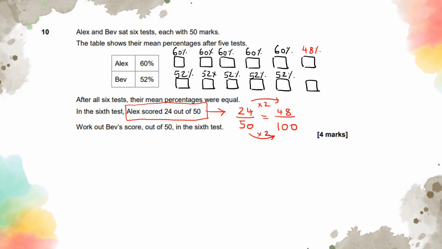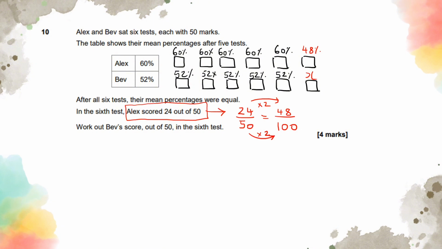Okay? Now, work out Bev's score out of 50 in the 6th test. We don't know what this score is. Now, if I try to find out the average percentage for Alex and equate it to the average percentage of Bev, I should be able to find out the average percentage of the 6th test for Bev. And then I can figure out how many marks it's going to be.